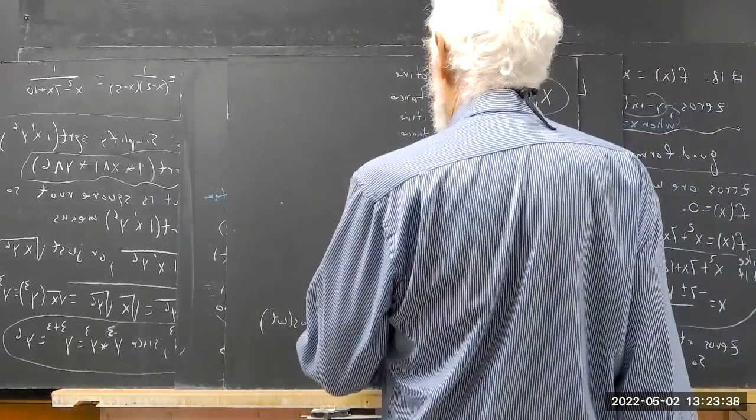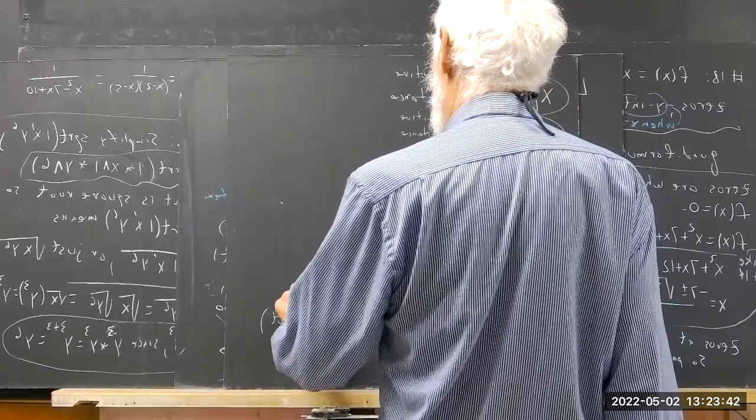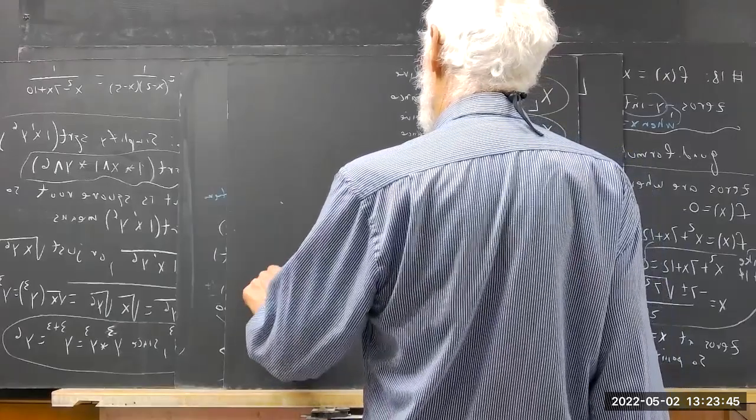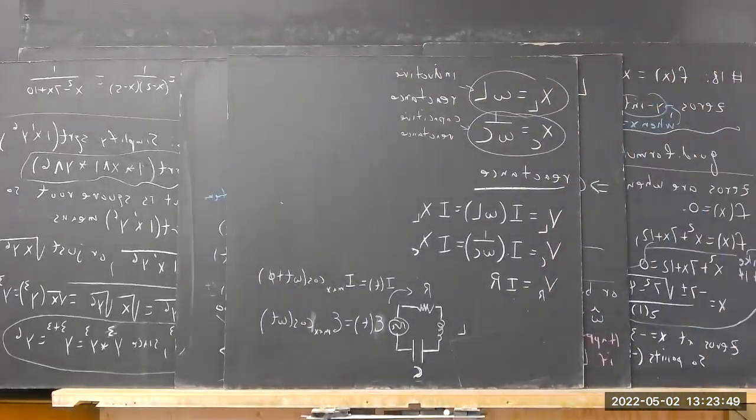This is going to give you a current I max cosine of omega t plus phi.